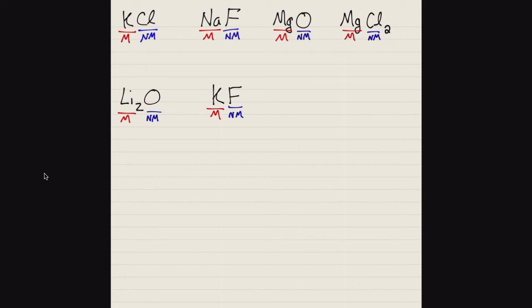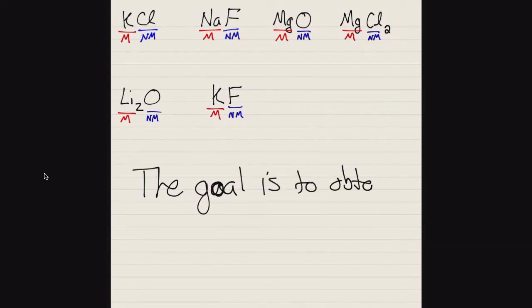The goal is to reach, not goat, the goal is to obtain 8 valence electrons. This little symbol right here means valence electrons. V, capital V-E dash. 8 valence electrons. That is the goal here.